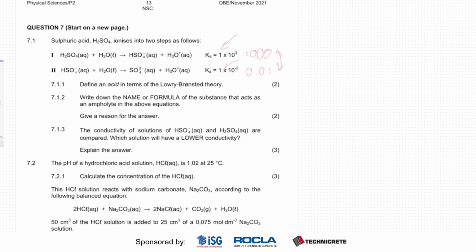So 100,000. So it is 100,000 times easier to release the first proton than it is to release the second proton. That's what those Ka values tell us. That's immediately how you should think when you see them and how you should interpret them.